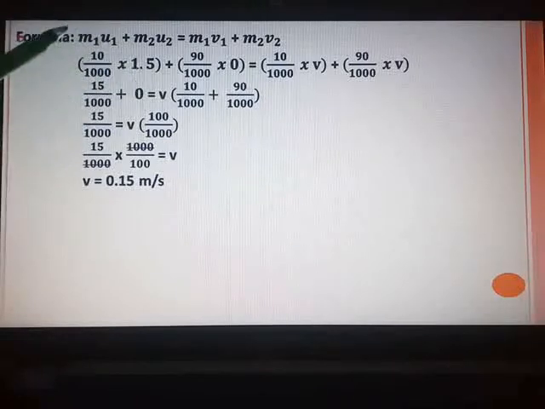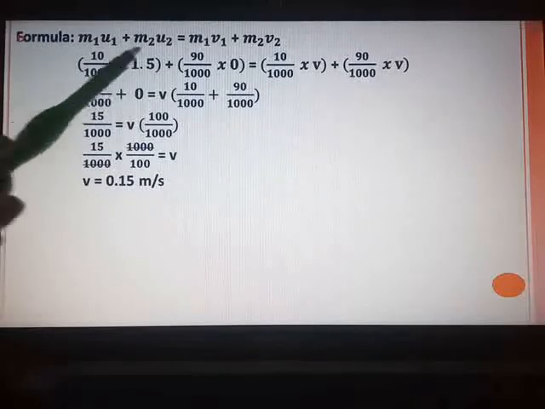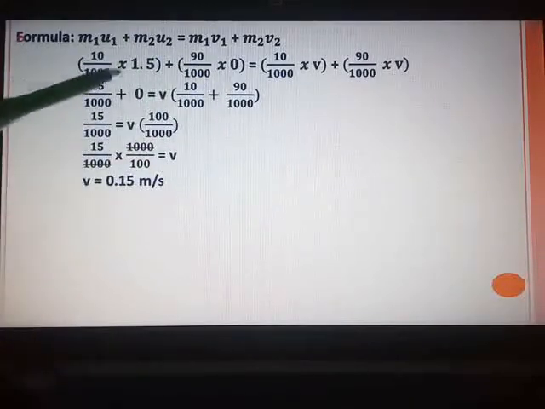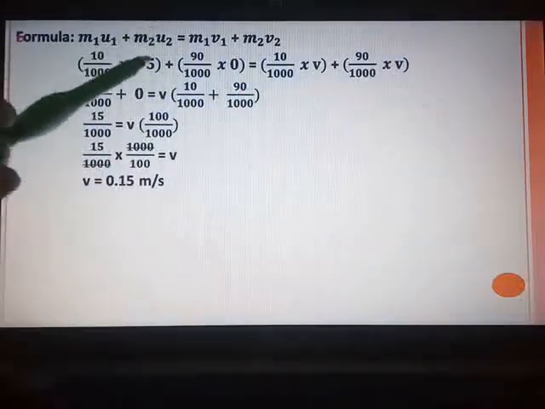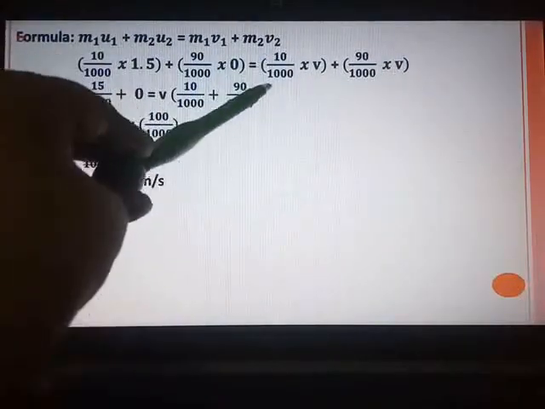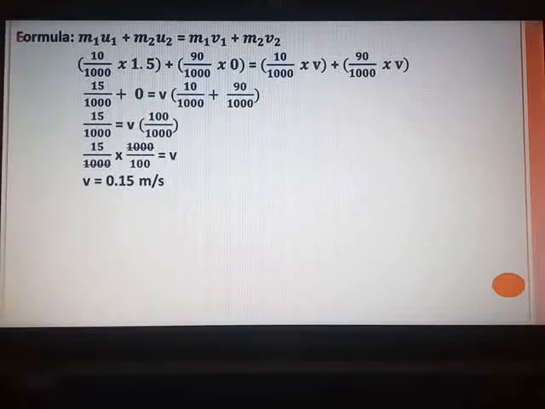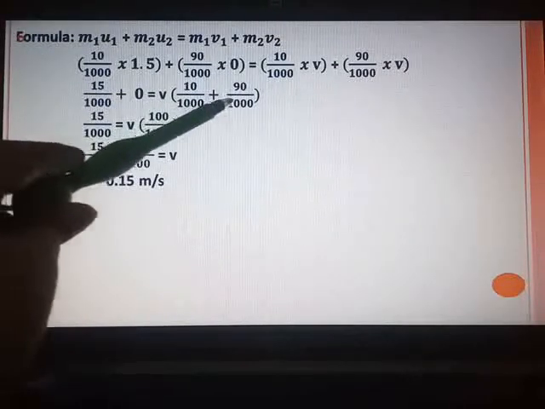10 multiplied by 1.5 comes out to 15 upon 1000 plus anything multiplied by 0 comes out to 0 is equal to v is taken common. In the bracket you will have 10 upon 1000 plus 90 upon 1000. So 15 upon 1000 is equal to v. Denominators are same.